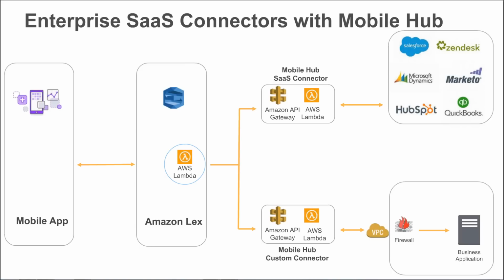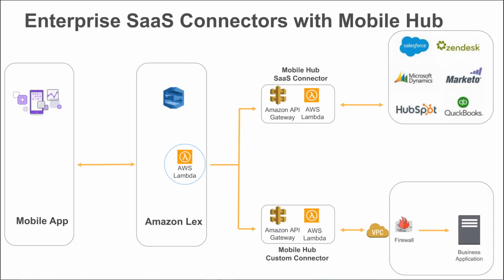Lex understands the intent and then hands over to Lambda, which is able to connect to your backend enterprise systems like Salesforce, Zendesk, Microsoft Dynamics, Marketo, HubSpot, and QuickBooks, fetch that data, and then pass that data back to your bot on your mobile application.